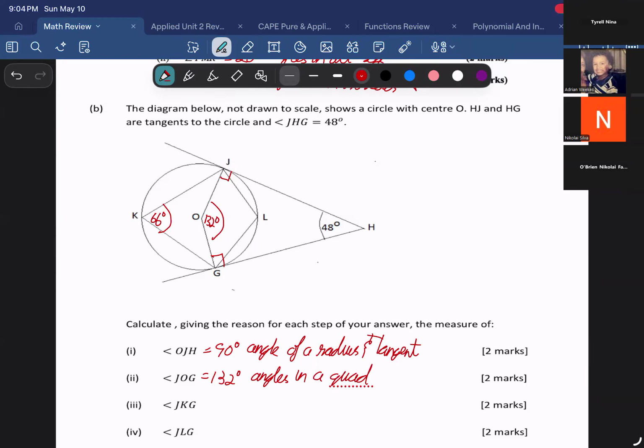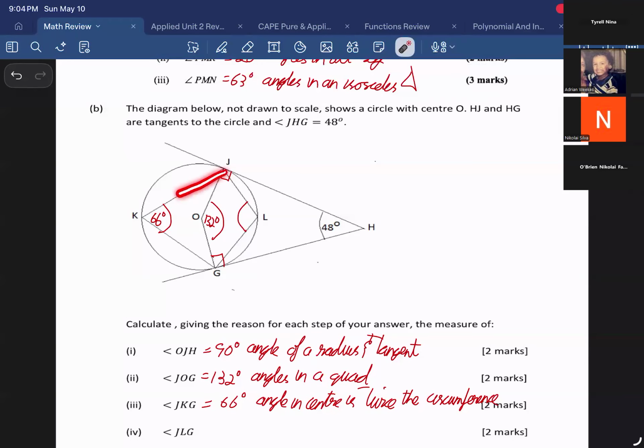GKG, which is 66 degrees, and this is angle in center is twice the circumference. And then GLG as this thing here.